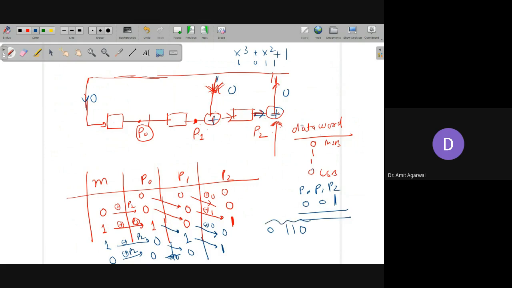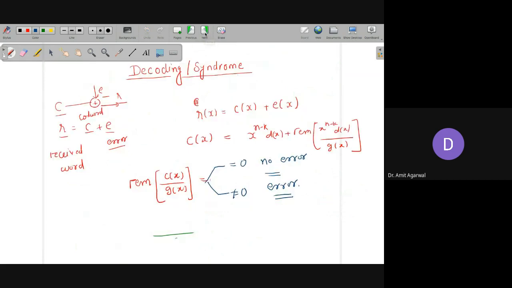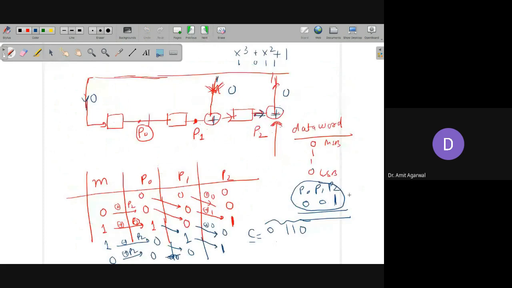So what is its corresponding code word? Code word will be this and your parity bits, P0, P1, P2. So you have to write P naught, P1, P2. Just check the code word corresponding to 0110.